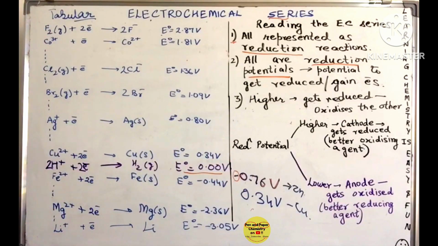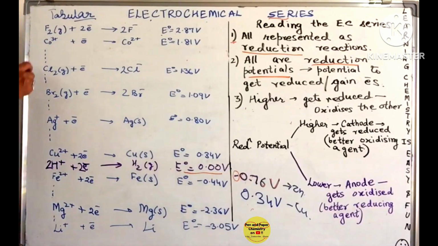Now, we have expanded. Once you understand this concept, you will be able to relate to any of the points that I am going to do further: the oxidizing agent, the reducing agent. What we are saying is that if it has higher reduction potential, it is a better oxidizing agent. If you have to compare fluorine and cobalt, which is a better oxidizing agent? Obviously fluorine. And which is the best reducing agent? Correct.